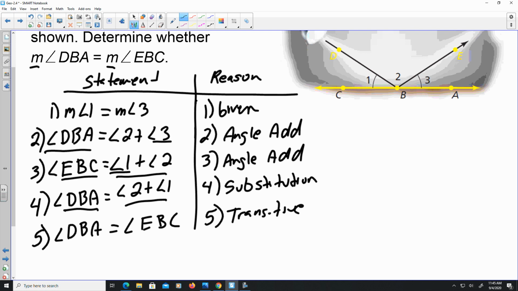So you can substitute that in here and this can fit into there. That's where that transitive property comes into play. So that's how we can prove or determine that those angles are equal to each other through those reasonings of those properties and definitions.